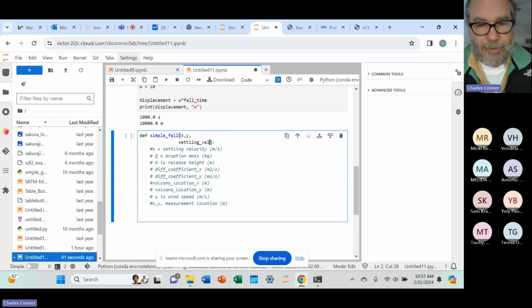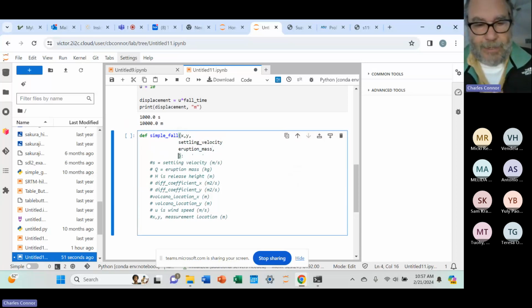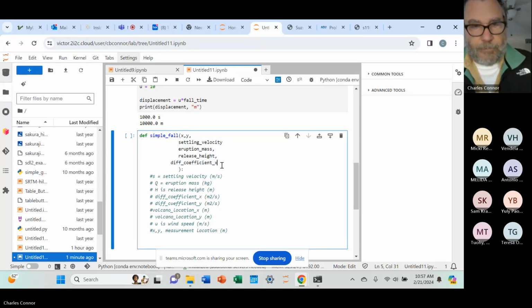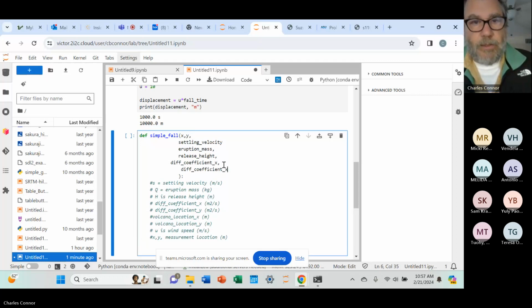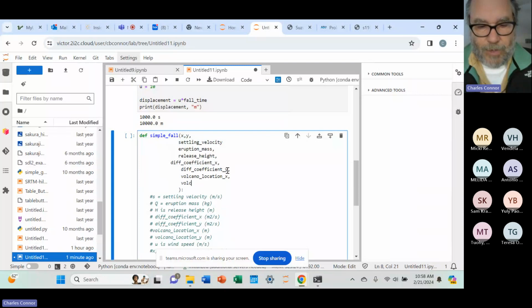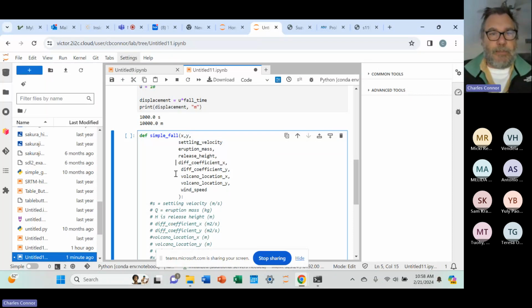I'm going to pass it the settling velocity, the eruption mass, the release height, diffusion X, diffusion Y, and the volcano location X, and the volcano location Y. And I need the wind speed, right?